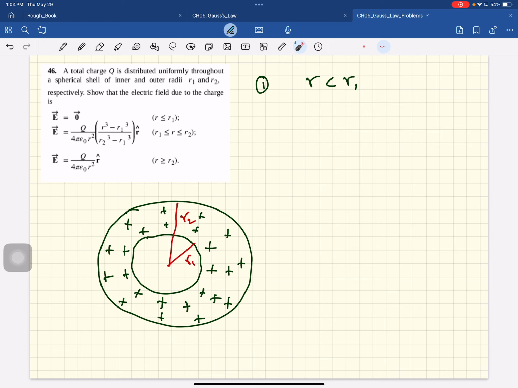From the symmetry of the situation, at a given distance the magnitude should be the same and it should point inward, like that. You draw an imaginary Gaussian surface and calculate the flux, which would be negative, and that should equal the charge inside divided by epsilon. What is the charge inside? 0. So this field has to be 0. So inside the field is 0.